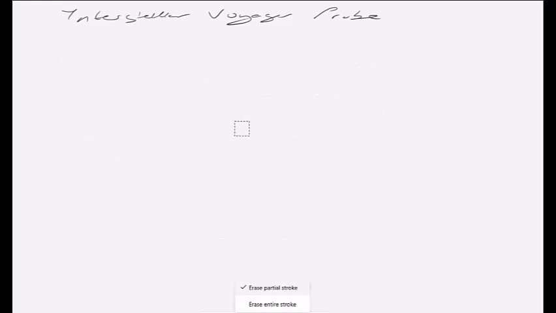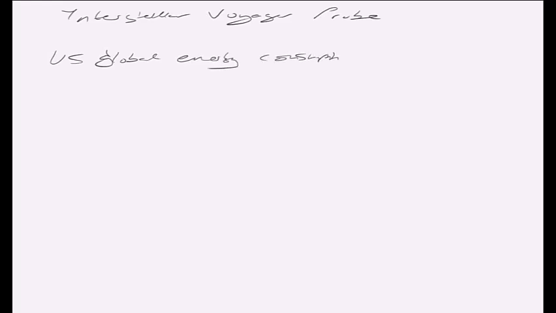Now, to put this into context, we can think about the cost of such a probe. And so we can compare this to, for example, the US energy consumption in 2024, which was of order 10 to the power of 20 joules.